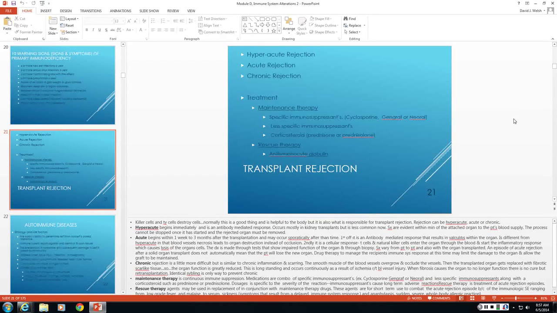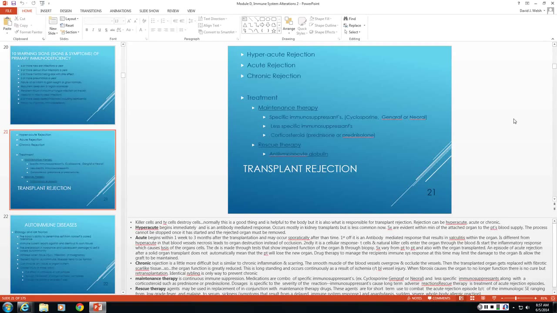Now, your chronic rejection is going to be a little more difficult, but it's similar to chronic inflammation or scarring. The smooth muscle of the blood vessels overgrow and occlude the vessels. Then the transplanted organ gets replaced with fibrotic scar-like tissue, so the organ function is greatly reduced.